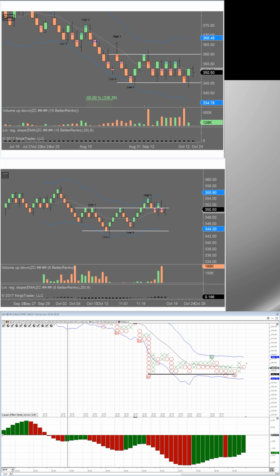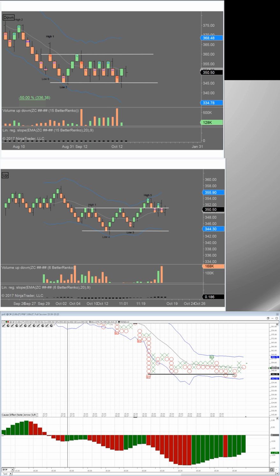I'm not sure if this is a spring, because this is in a downtrend. But there was a high, low, and all that, and then there was heavy volume that came in, and a light volume bounce. Is that a spring, and does it mean that as the market went lower, it didn't find any volume? I don't know. But this is very interesting.